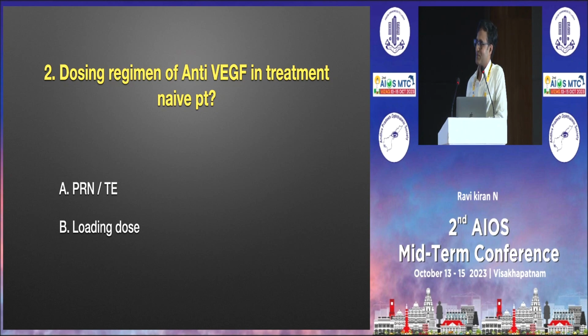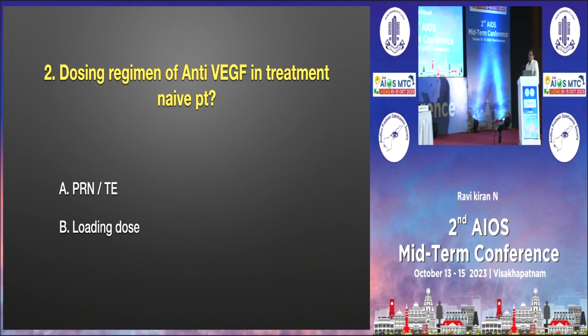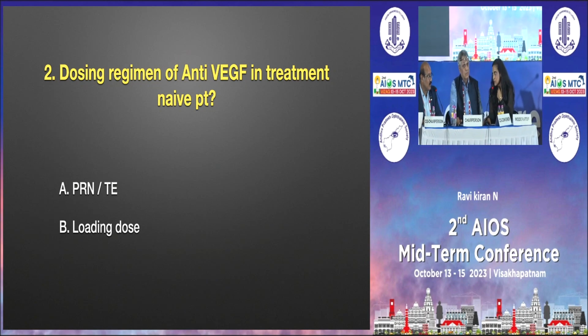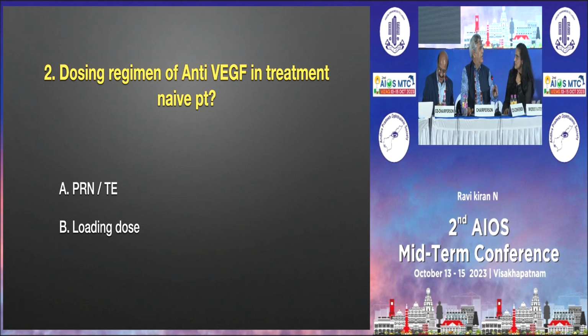You can just go with PRN dosing. The CATS trial has already shown that, as we were discussing now, even if you give loading doses, the eventual outcome is no longer different. So you can go with PRN dosing. Yeah, same. I also follow a PRN strategy. Loading dose is only for ARMD.